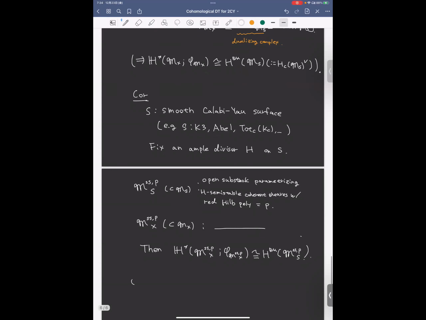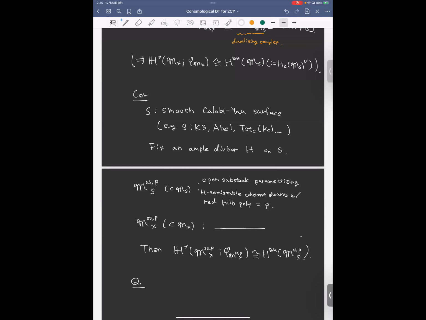So there are two ways to understand this theorem. First, this theorem computes the cohomological Donaldson-Thomas invariants for local surfaces. And another point of view is that we can use cohomological DT theory for the study of the Borel-Moore homology of the moduli stack of coherent sheaves on surfaces.